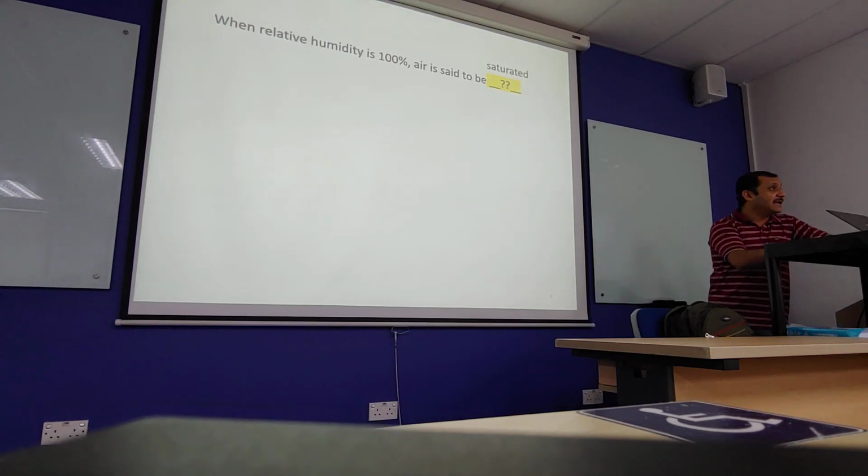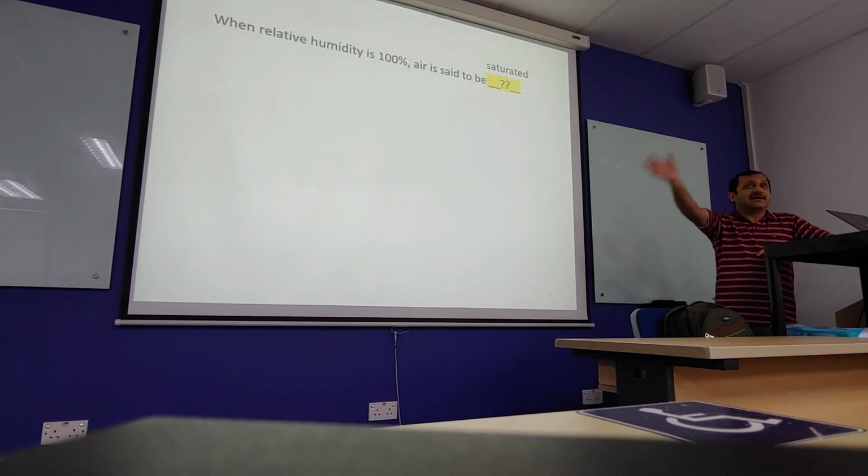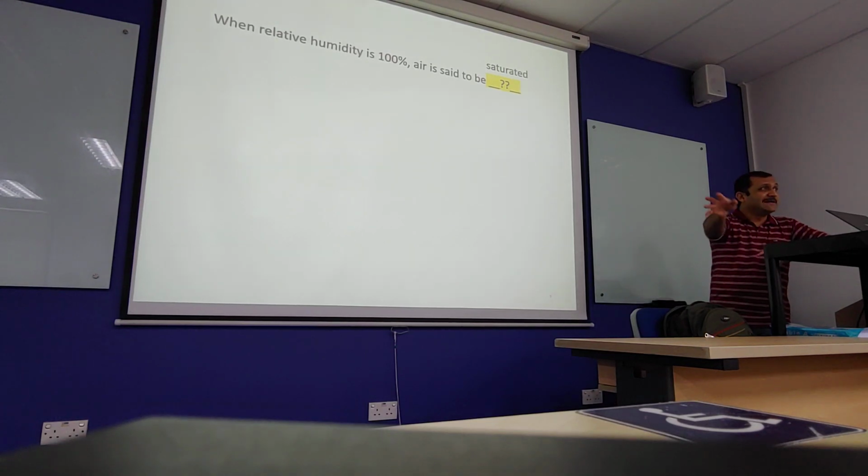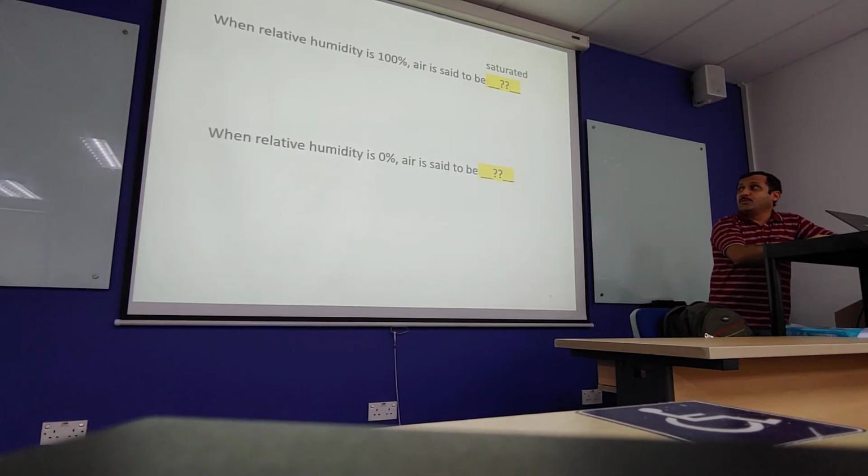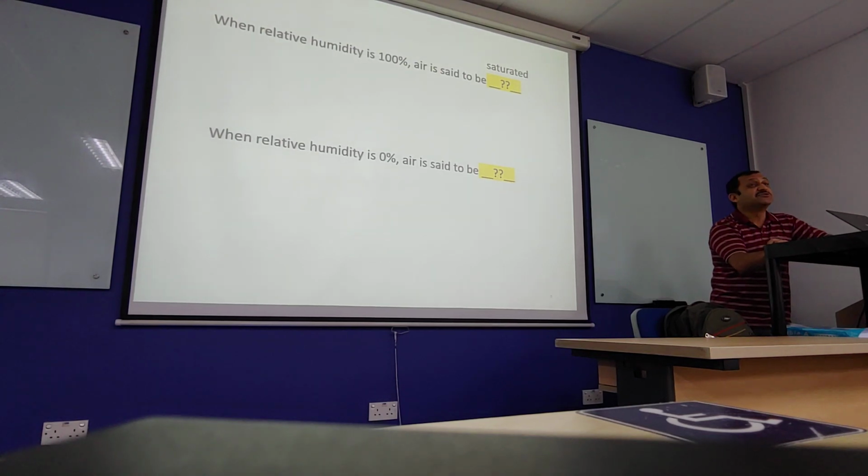If all the empty spaces are filled, it's saturated. You cannot add anything to it. When relative humidity is 0%, air is said to be unsaturated. Yeah, okay? Dry. That's a better word. When relative humidity is 0, it's dry.